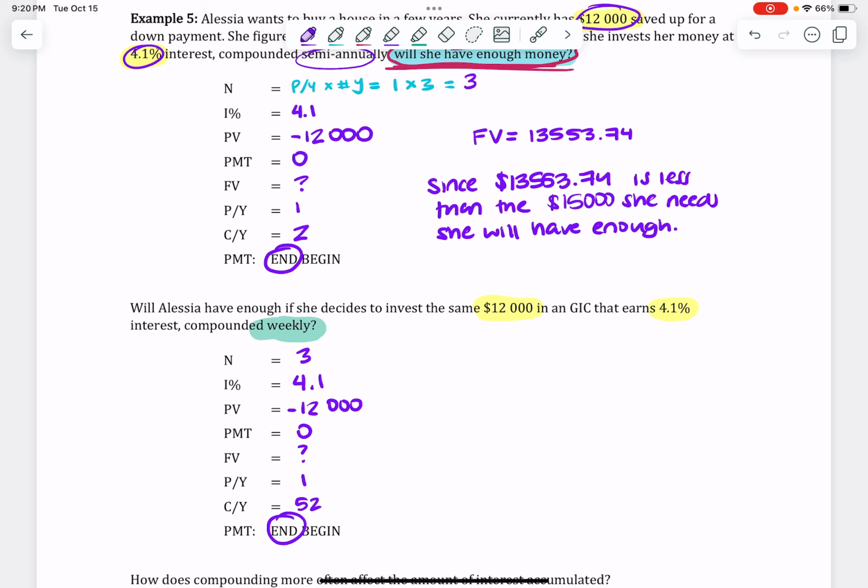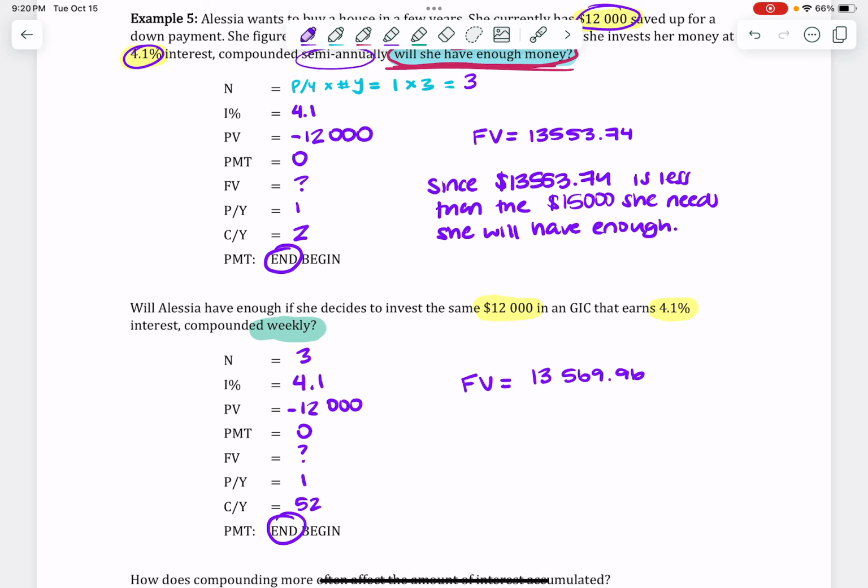Now, the great thing about changing only one of my values is I could talk about how that one value impacts an investment. So we'll finish things off. I plug this in. I get a future value of $13,569.96.